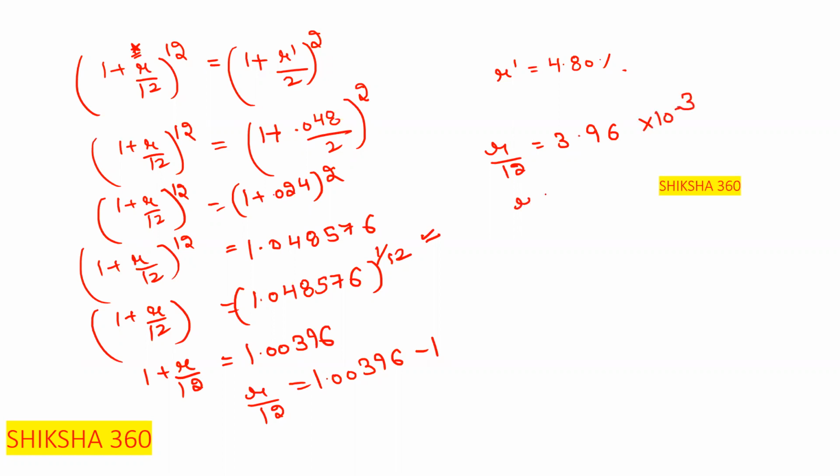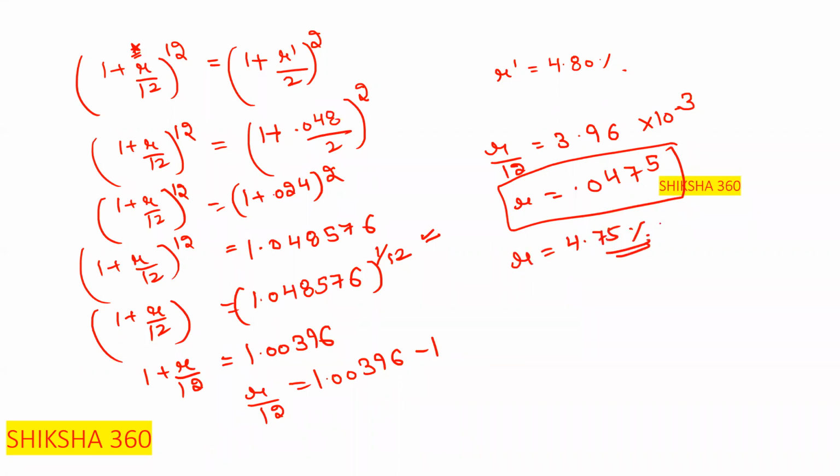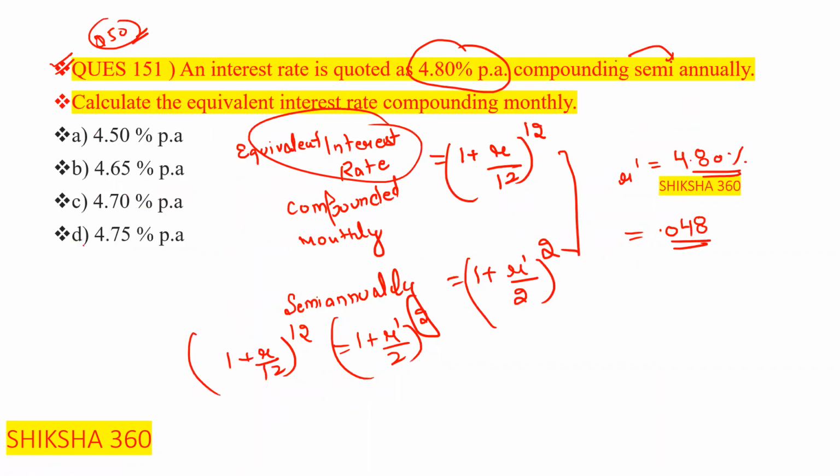So r is equal to this multiplied by 12, which gives 0.0475. So r is 4.75%. Which is our answer? Option D is our answer: r is equal to 4.75% per annum.